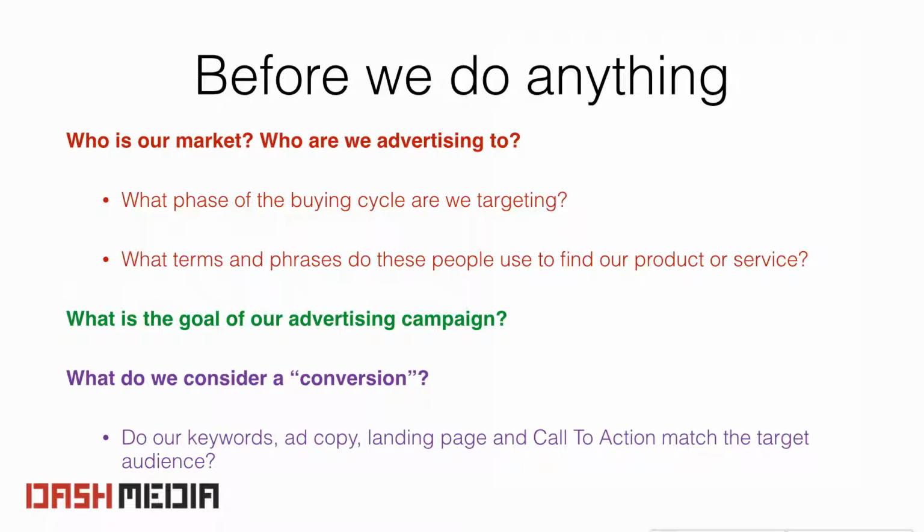And then the key to today's presentation really is, what is the phase of the buying cycle that we are actually targeting? And we'll talk about what the different phases are from the point of view of our AdWords campaigns. And we'll see that depending on where we decide to target people along this cycle is going to heavily influence the strategy that we put in place, the types of keywords that we're targeting.